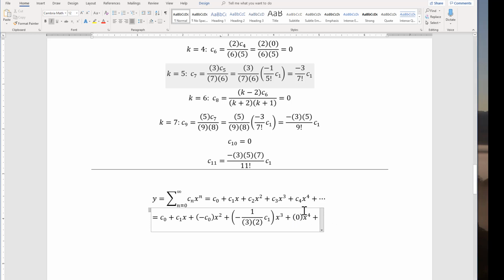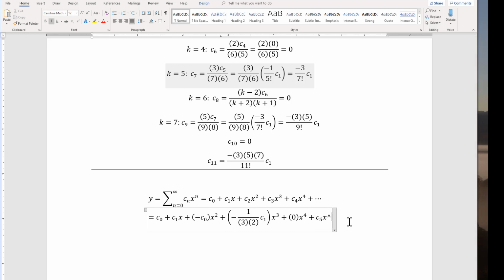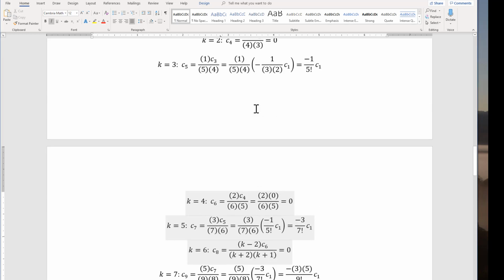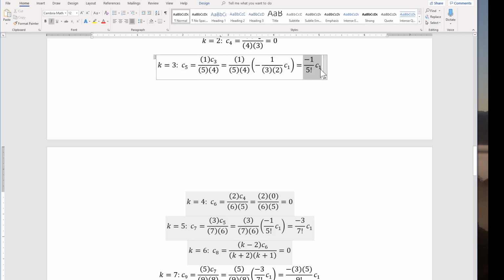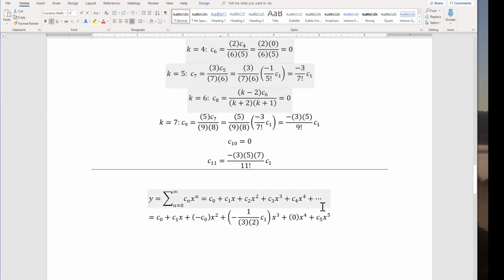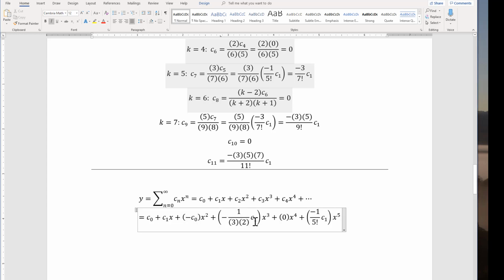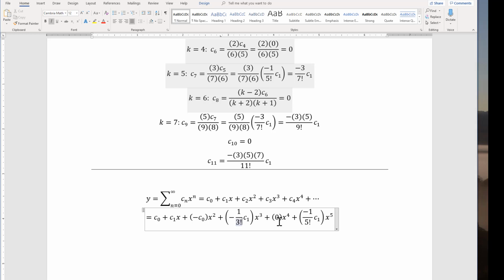So from here on, all the even powers will be 0. What's C sub 5 equal to? C sub 5 was equal to this. Remember, we didn't simplify it, but this looks like it's just going to be 3 factorial. C sub 5 is equal to this. It's negative again.